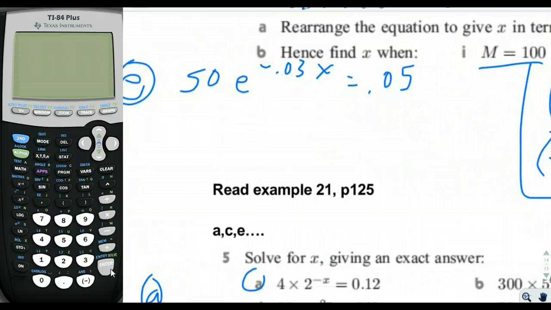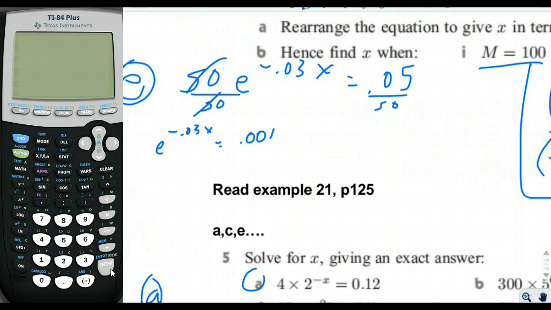Okay, so first thing we do is we want to get the x by itself. So we divide both sides by 50 in order to get e to the negative 0.03x is equal to 0.05 divided by 50. That would be the same as 0.01 divided by 10, which is the same thing as 0.001. Okay, and then you take the log of both sides.